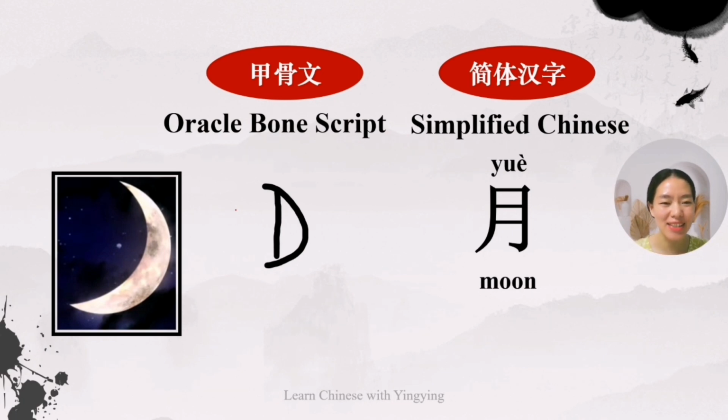Okay, look at this character. We can still see the shape of the moon, isn't it? But this line became kind of square, and the short two lines within it. Now you can write after me, the rule from left to right, from top to bottom.